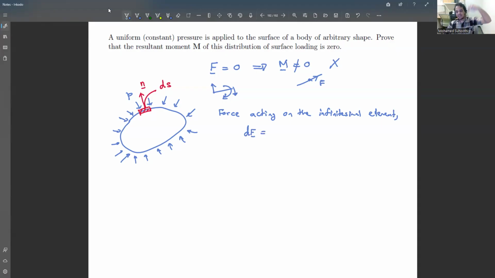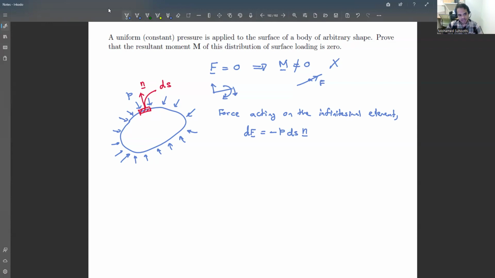Okay, pressure is actually acting in the other direction. I am calculating this way, therefore minus p into dS, the area. Now it's the value of the force. I have to include the normal vector, right? Okay. Why is it negative? The normal vector is in the outward direction, the force acting this way, right? So therefore it will be negative, right? So this is the force on this small differential element, right?